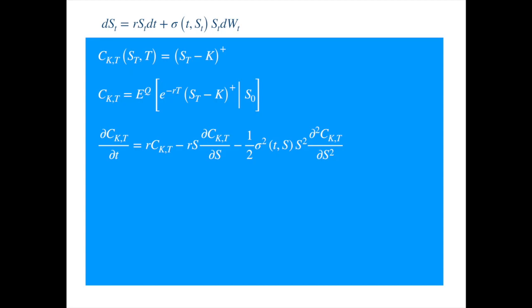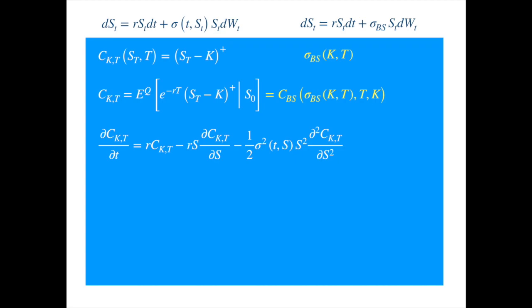Now, if we represent the Black Scholes implied volatility that will match the price of an option with strike K and maturity T by sigma underscore BS with the relevant arguments, this K and T, then we know that plugging this volatility into the Black Scholes formula, along with the other parameters, will produce the market price of the call option that we continue to denote by C. The dynamics of the stock price will then be given by the following SDE.